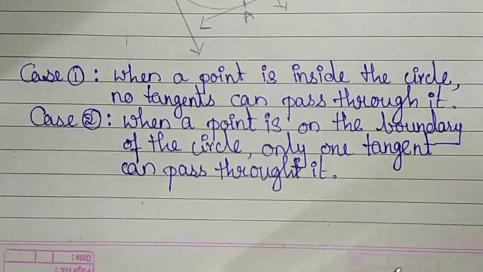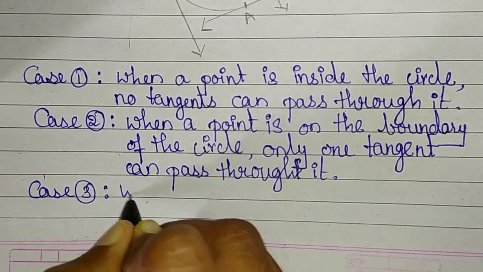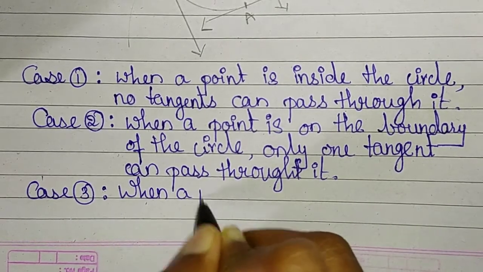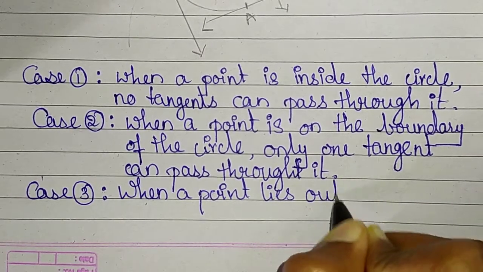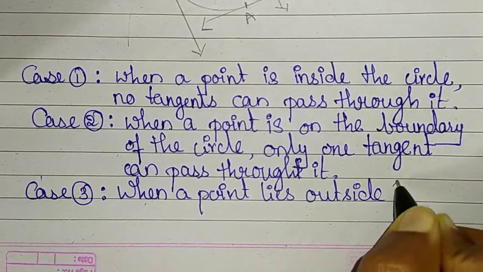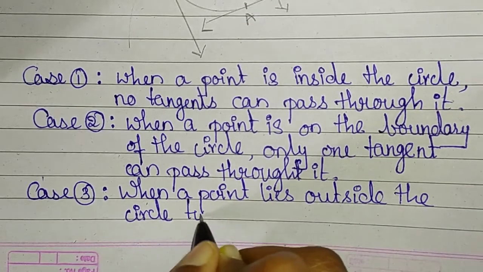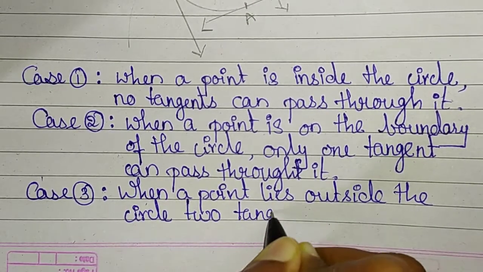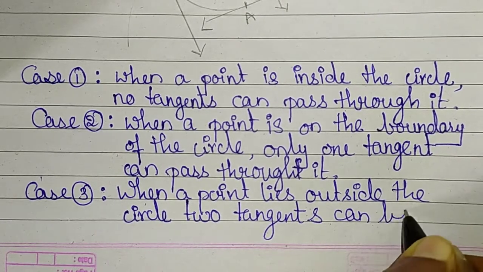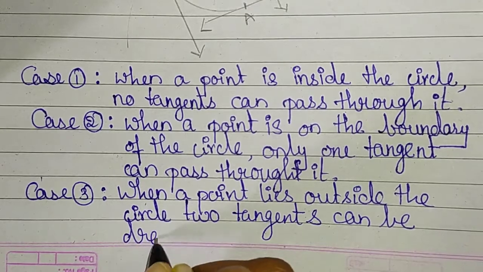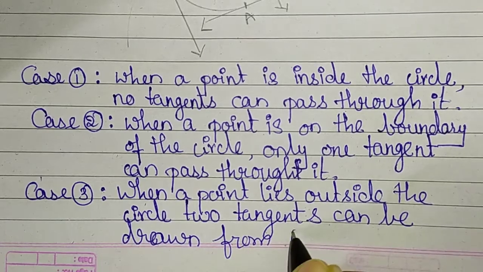And lastly, that is our case 3, when a point lies outside the circle, two tangents can be drawn from it.